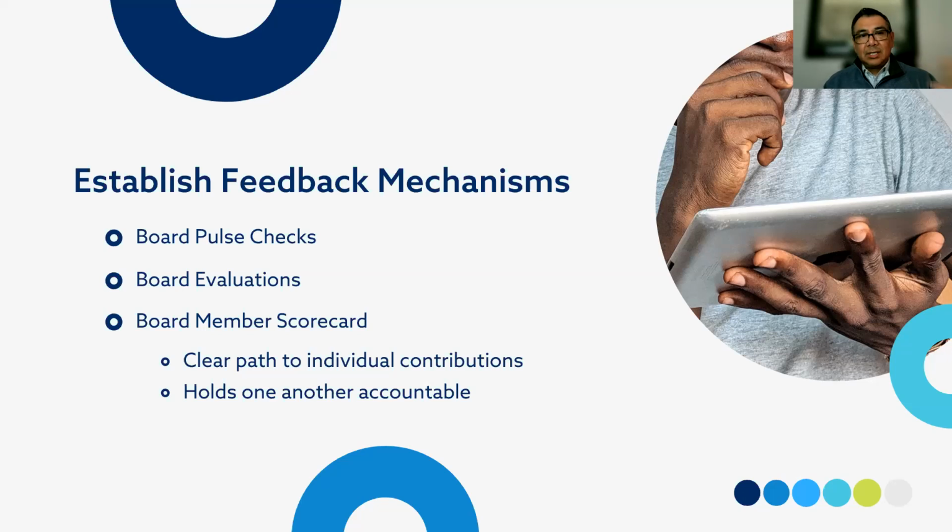And so these mechanisms, these pulse checks, these board evaluations, these scorecards, not only help you keep track of the engagement from your board, but it really helps you get centered as an executive director and as a staff to go, hey, our board is feeling this kind of way. How can we more engage them? Or what information are they screaming for?